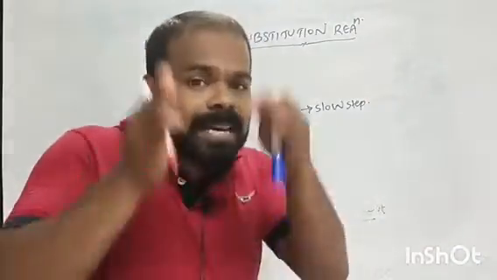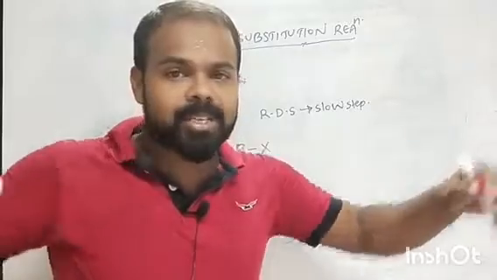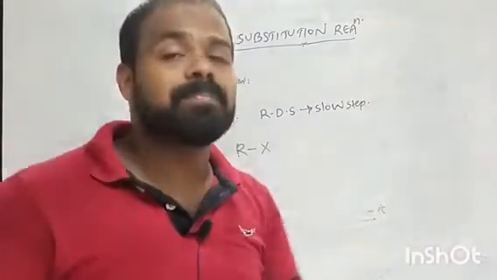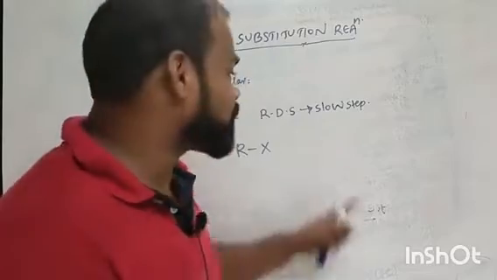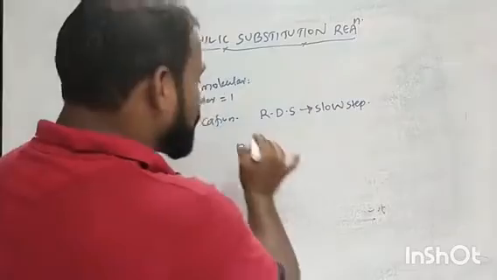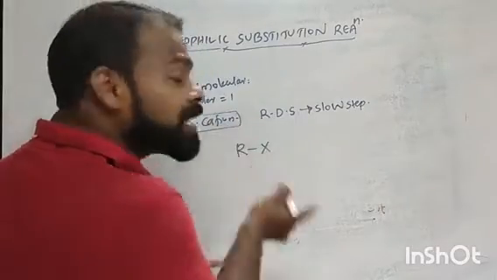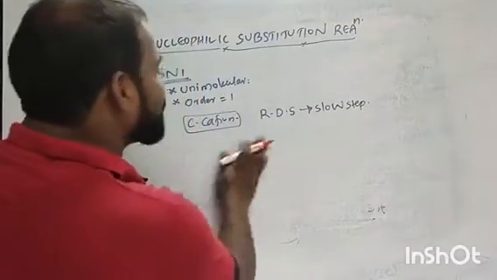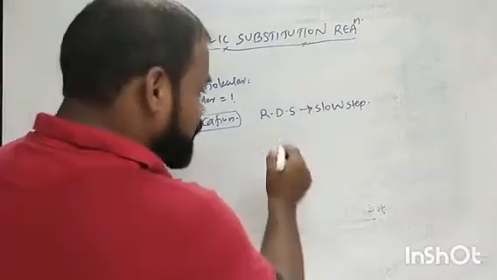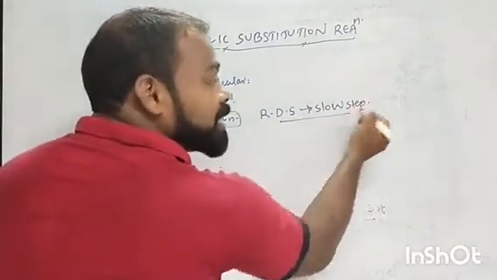If you want to break that, surely it will be difficult. Therefore, the breakage occurs very slowly. That is why it is the rate determining step. The formation of carbocation is the rate determining step. Therefore, the order will be 1, because only the first step is the rate determining step.